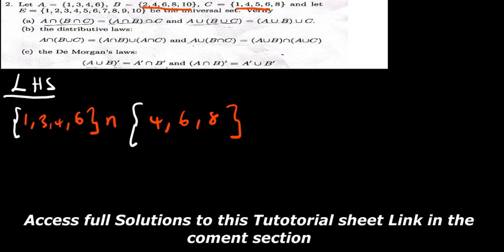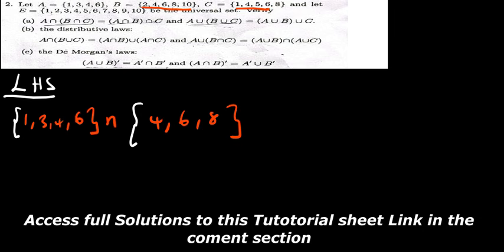Now, after having this, what else are we going to consider? So what will be our intersection? The numbers that are found in both, that should be 4 and 6 only.